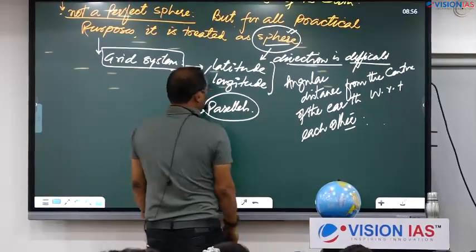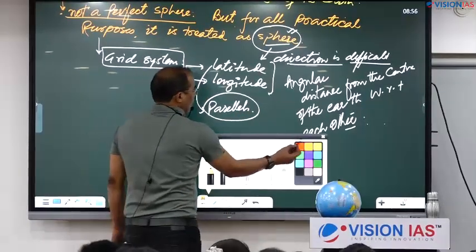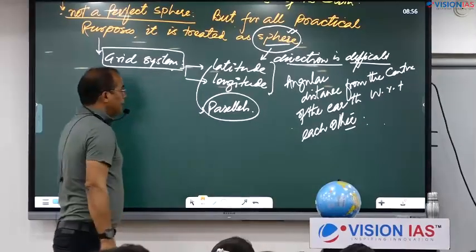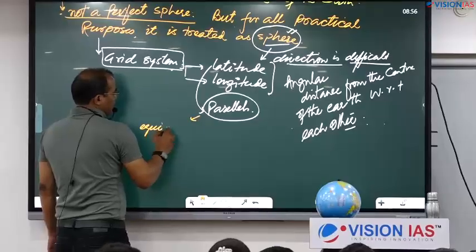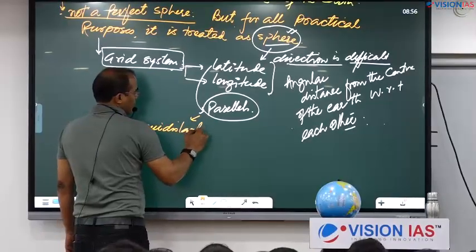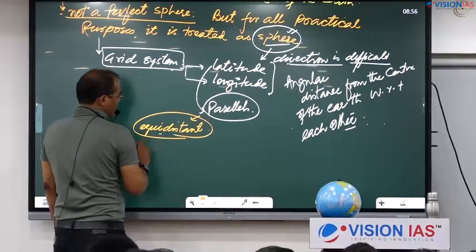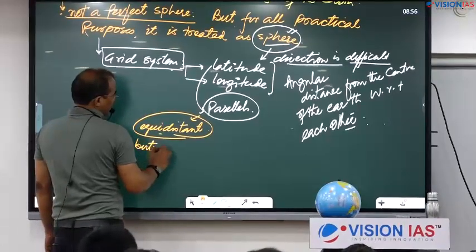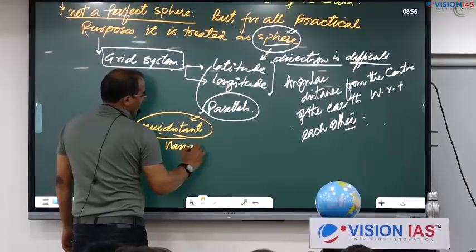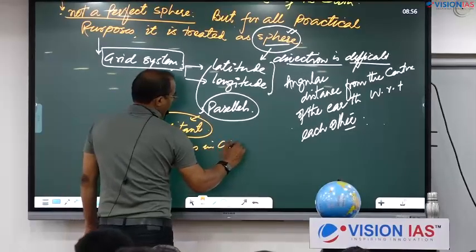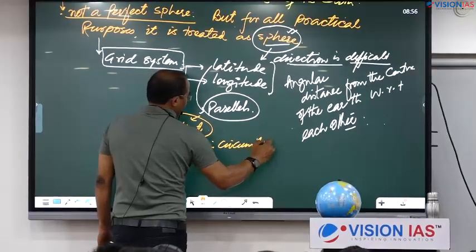They are equidistant, but vary in circumference.